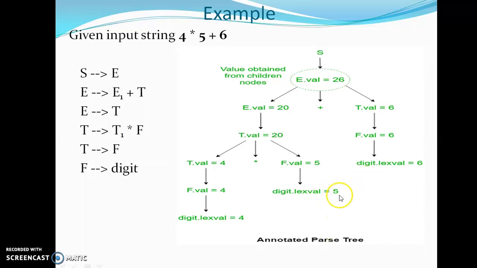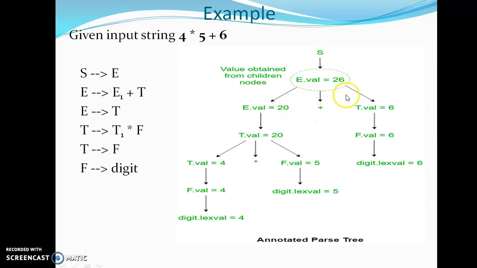We consider here 5. Then go back again. F.val is again 5. So F.val equals 5 and T.val equals 4. We multiply T into F, that is 4 into 5 is 20. So we got T.val equal to 20. Again this is derived by E.val, that is 20.